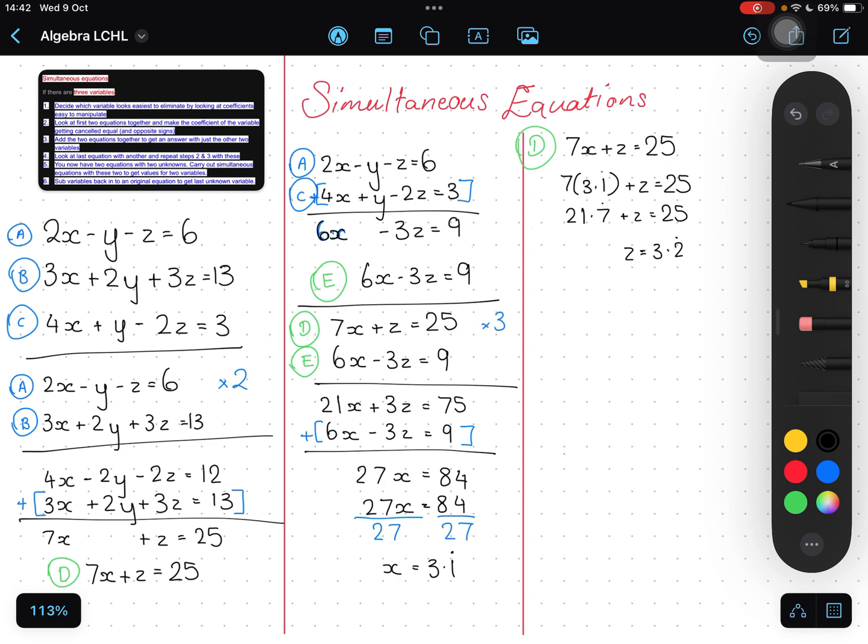Because I'm unsure of my answer, I'm going to go straight into checking whether this would have actually worked out. I'm going to verify my answer for x and z, even though I should wait until the very end and verify all three together. I'm just going to verify this quickly, just to make sure. Think about it as if I was looking at simultaneous equations with two variables.